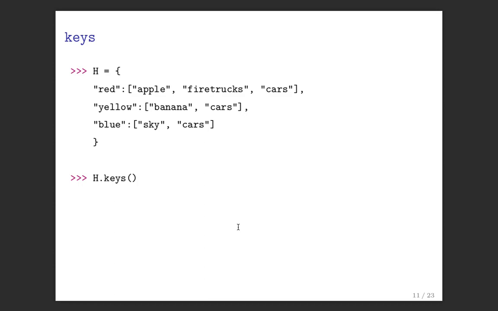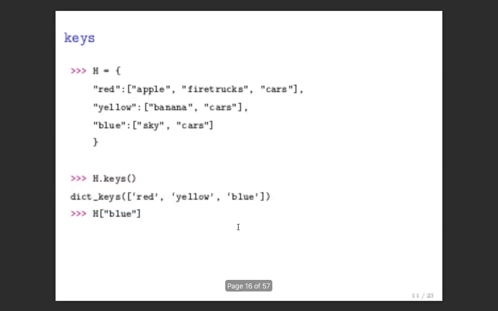Yeah, red, yellow, blue, and the values are those lists. So if I ask for the keys here, it's not going to return a list. It's going to return an iterable that contains red, yellow, blue. Not a list, but you can still do a for loop through it. You can always convert it to a list if you want.